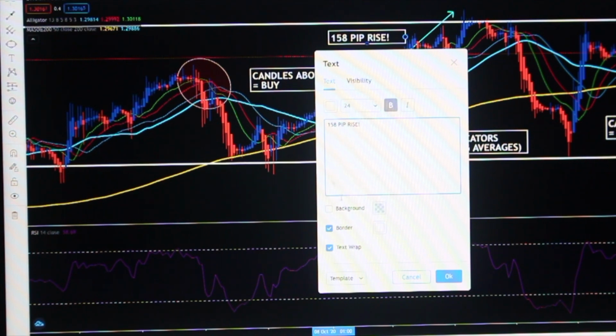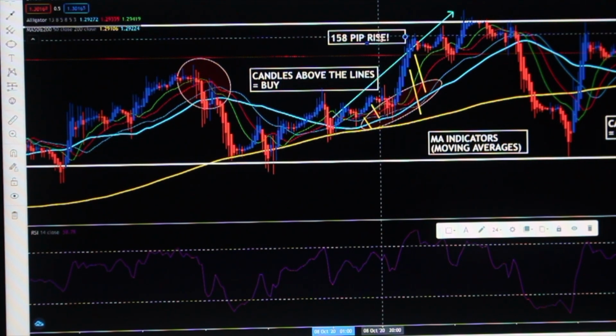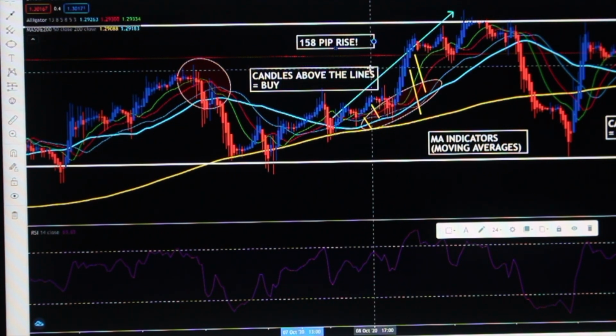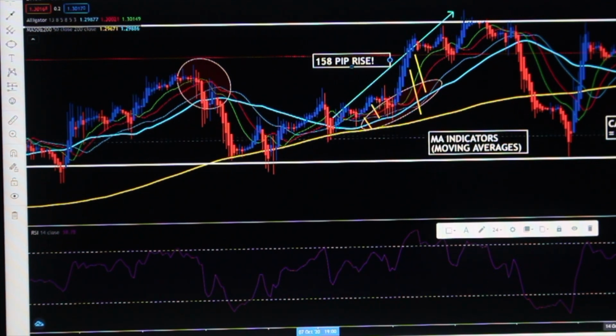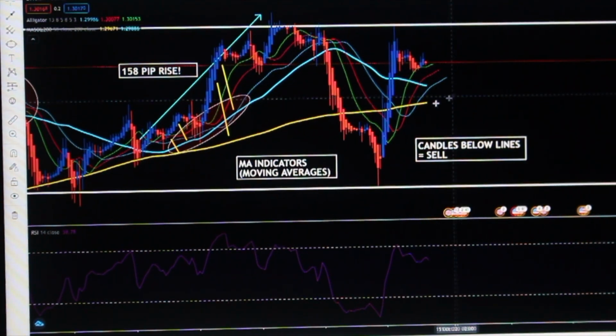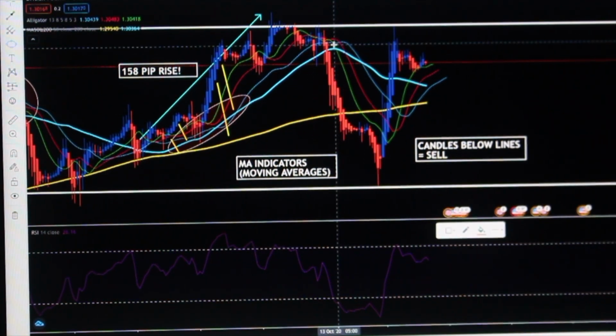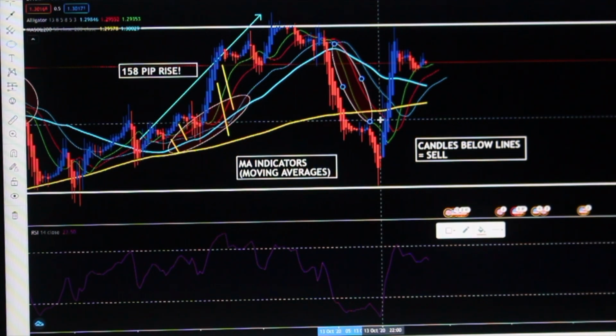And the same thing goes for the seller side as well. This is a 158 pip rise. On a standard, that's $1,580 you just made within a couple hours on that time frame.